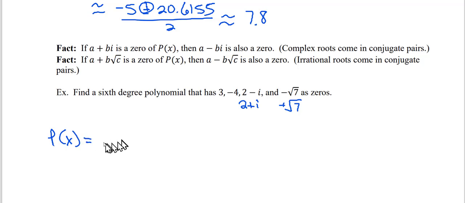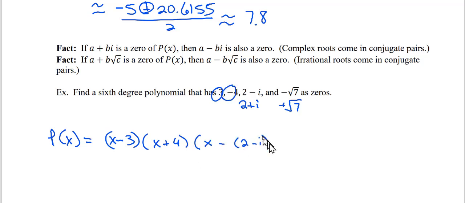That means my polynomial is going to have a factor of x minus 3 from that. It's going to have a factor of x plus 4 from that. Now we're going to have x minus 2 minus i and x minus 2 plus i.